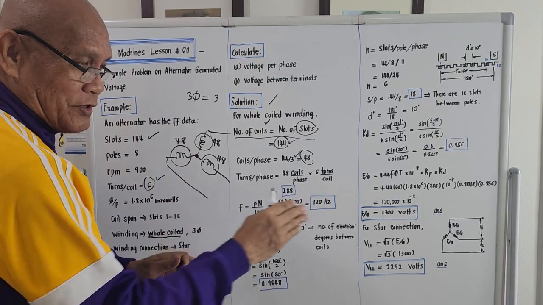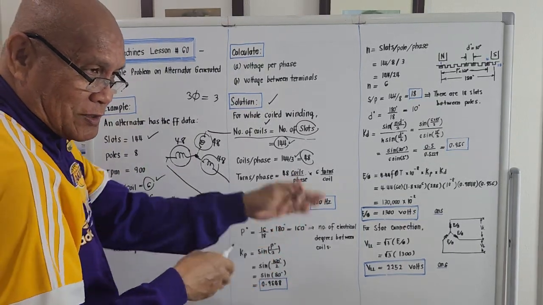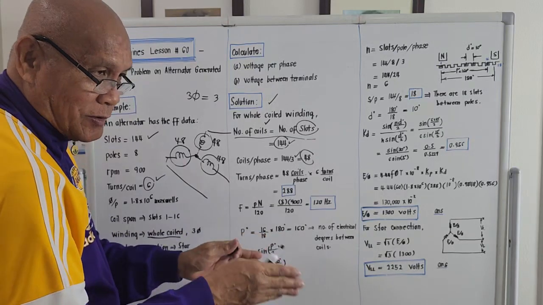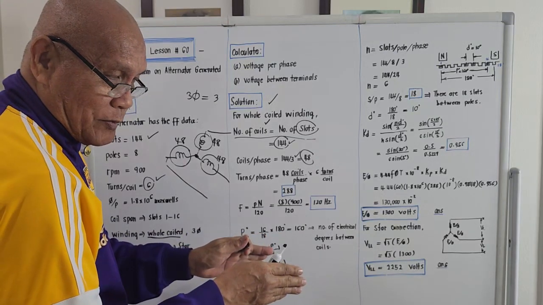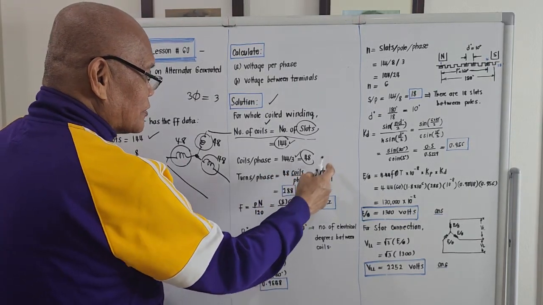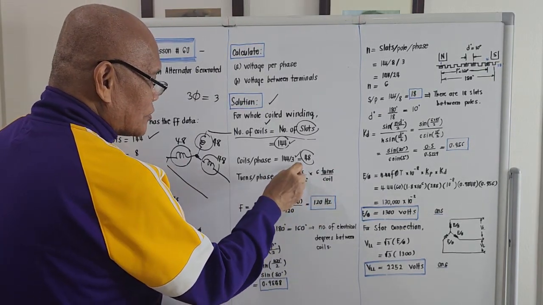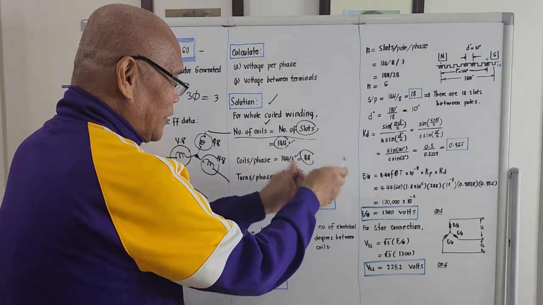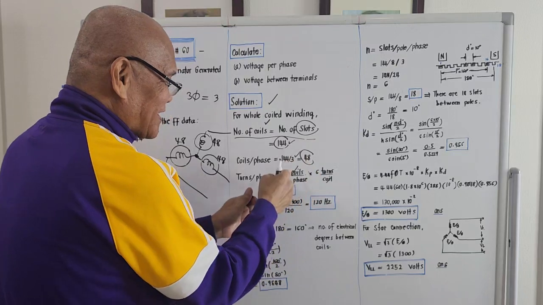We must place the unit, so if we make some calculations, we could visualize what will be the unit of the resulting answer. So coils per phase times turns per coil. This coil here cancels with this. The operation is multiplication, so we could cancel.